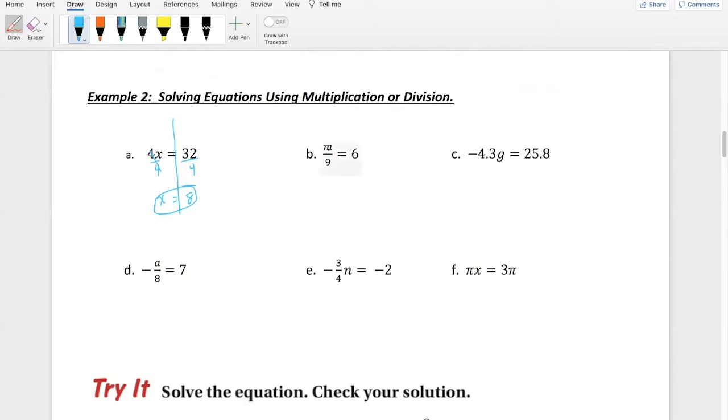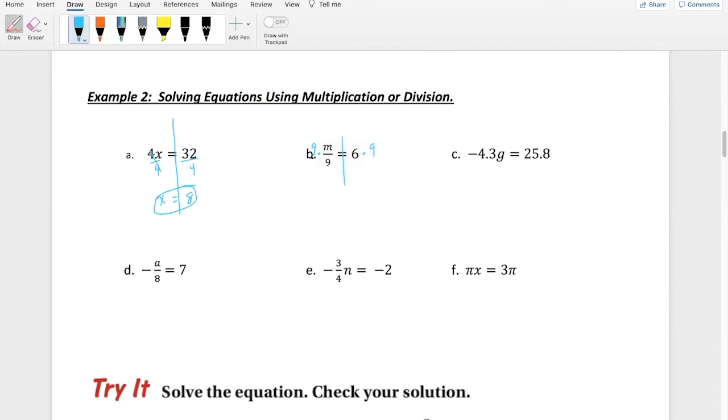Let's take a look how this one's set up. M divided by 9. So our variable is already being divided by 9. That inverse operation of dividing by 9 would be multiplying by 9. So I'm going to multiply this side by 9. And whatever I do to one side, I have to do to the other.